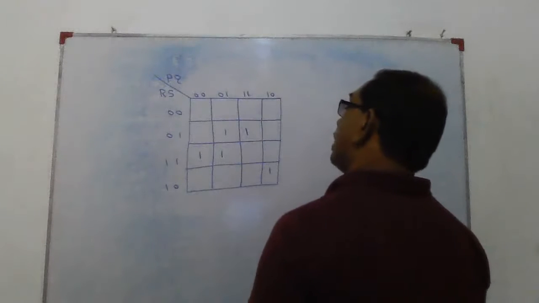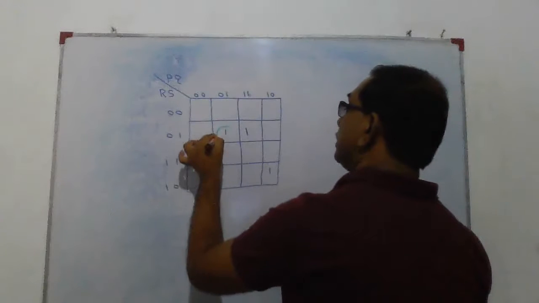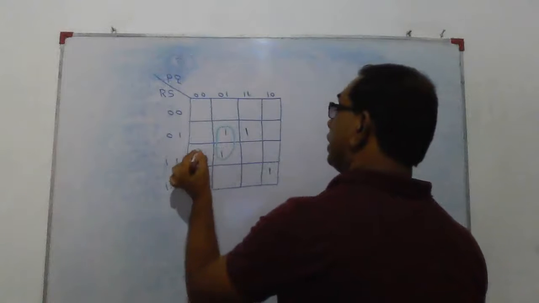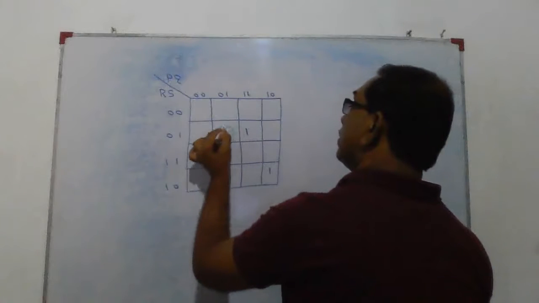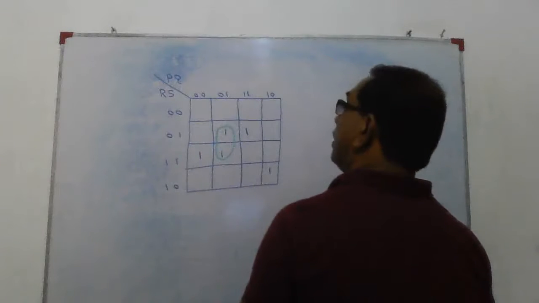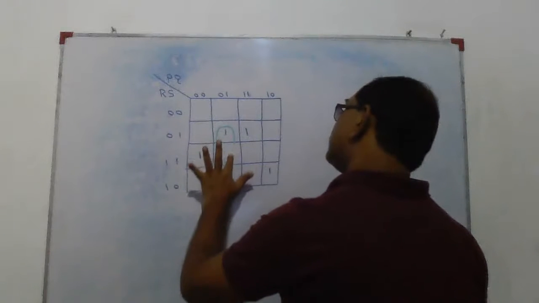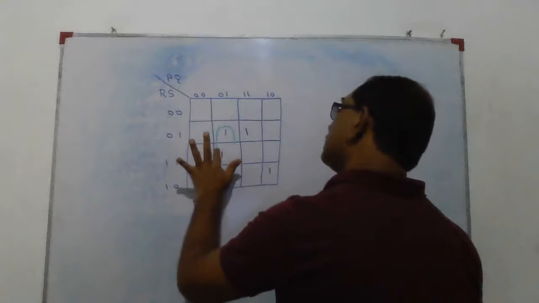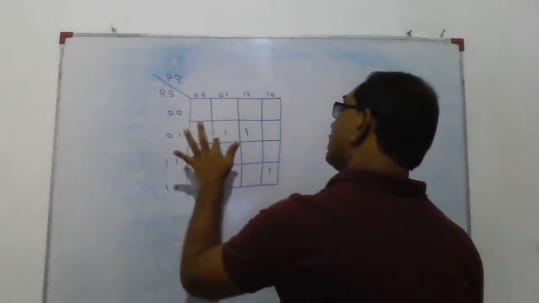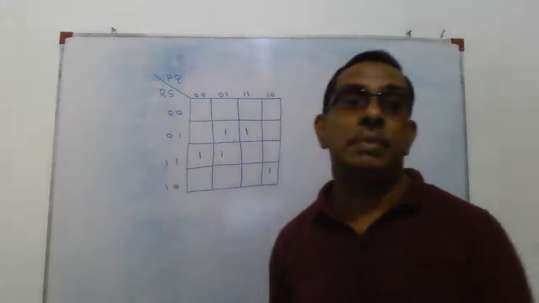You have to try to reduce the number of groups. If you draw something like this, it should be the first one, then this one, second one, and the upper one, so there may be 3 groups. But here you have to think that you should take fewer groups, not more groups, right?